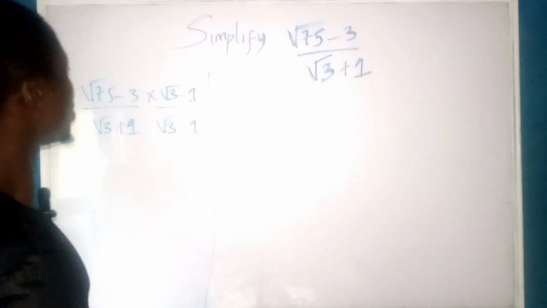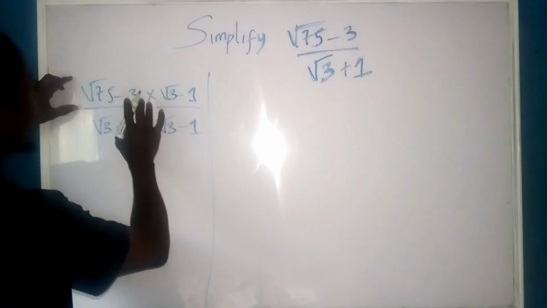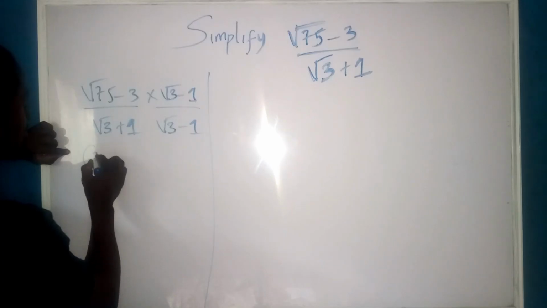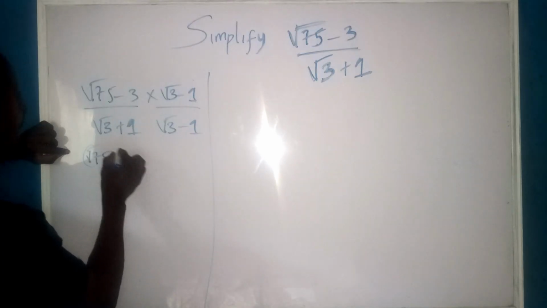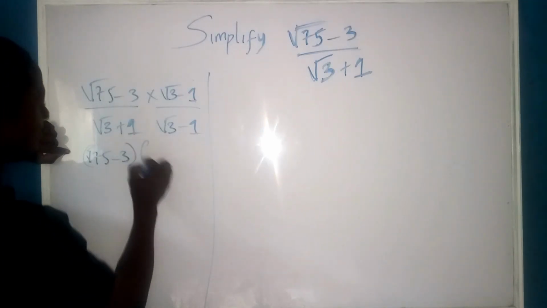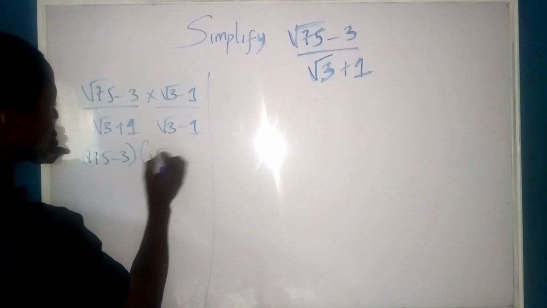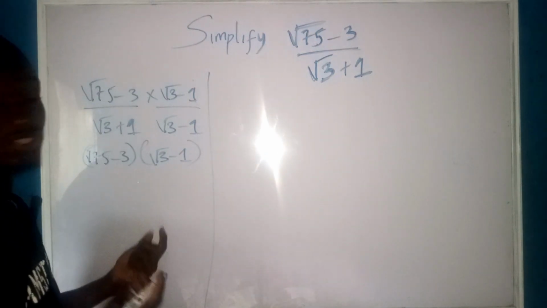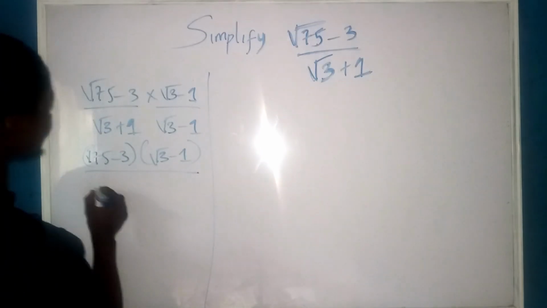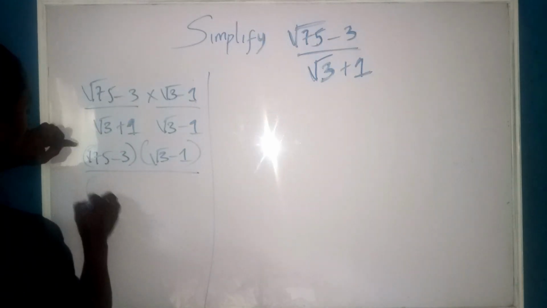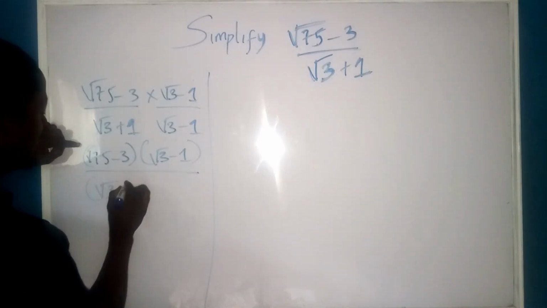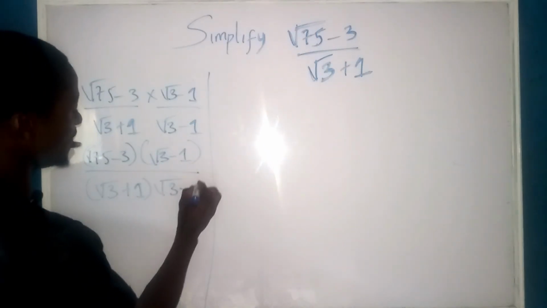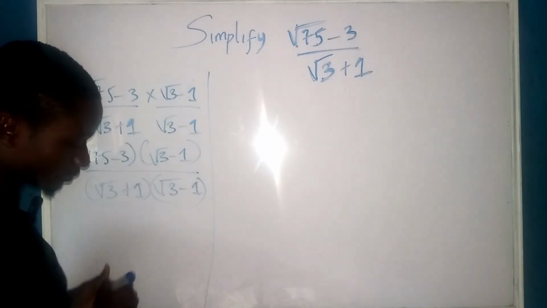Are you together? So what do we do next? We can rewrite this expression in brackets, which is root of 75 minus 3 times root of 3 minus 1, because a bracket also means times. All over this one, we also have root of 3 plus 1 times root of 3 minus 1.